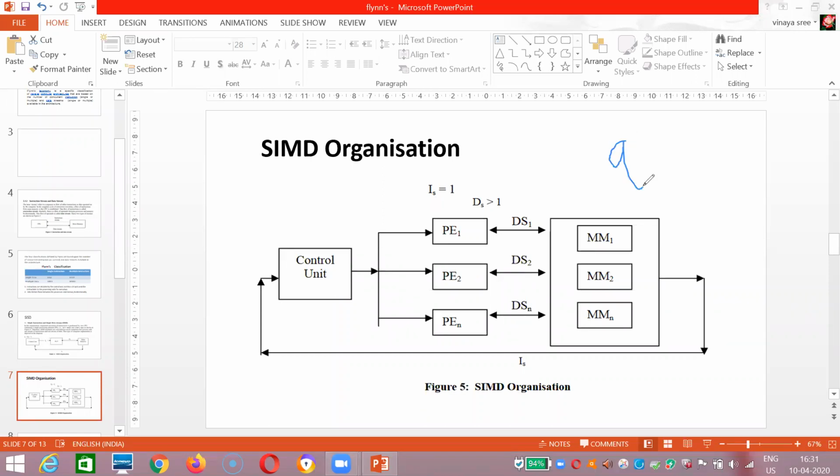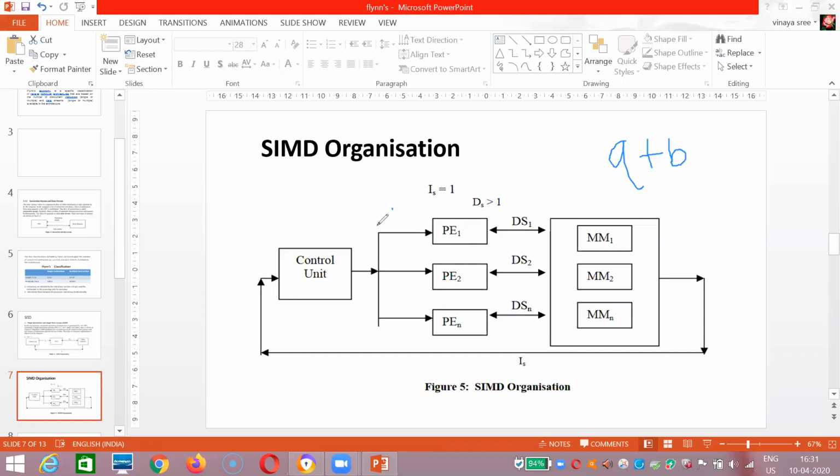Previously, as a single instruction, single data, we fetched the instruction A plus B. Here also we are fetching the same A plus B, and that A plus B is divided among multiple processing elements.